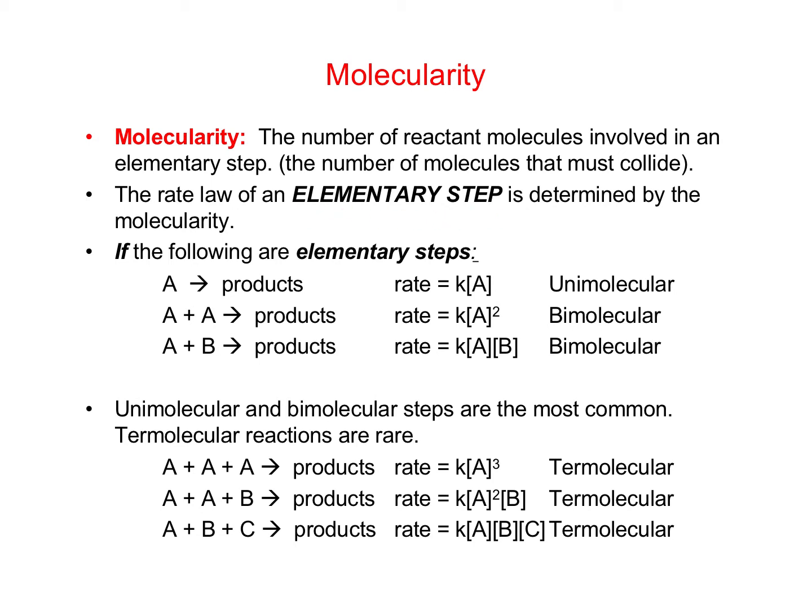The order with respect to each reagent in an elementary step is determined by the number of those molecules that are involved. For example, if we have an elementary step that just involves 1 molecule of A being converted to products, then the rate law for that step is rate equals k times A to the first power, because there's only one A.